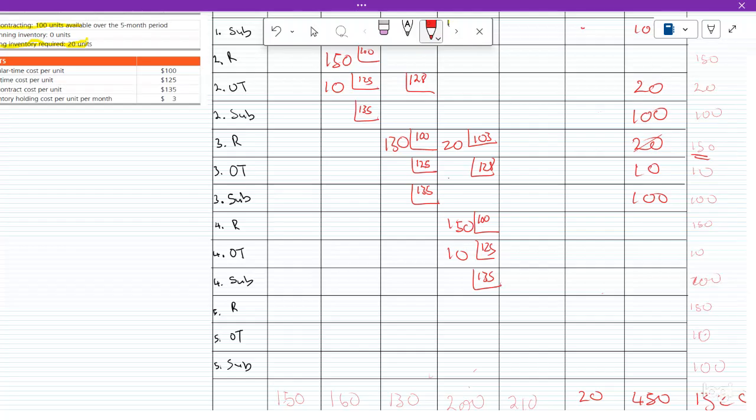A 20 will come from this 100 here. There's 100 of subcontracting. However, there's a 128 here. You remember when I said you are most likely to, there's a 128 there.